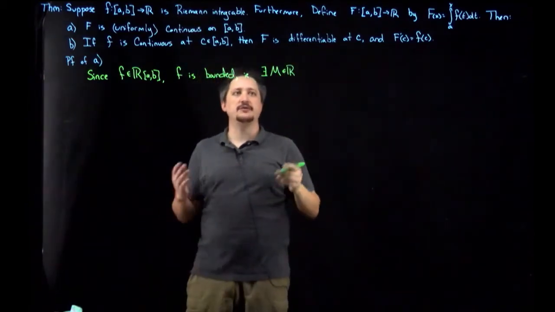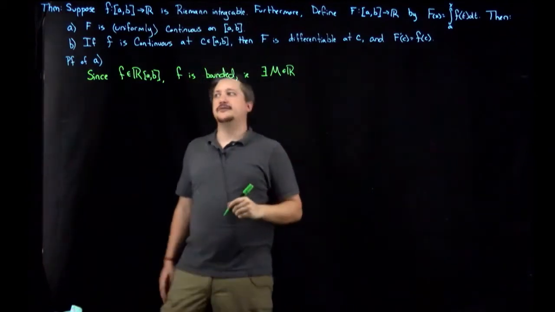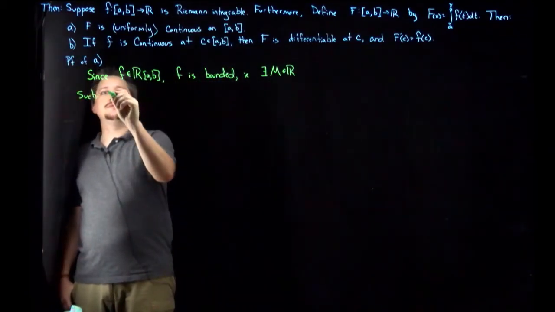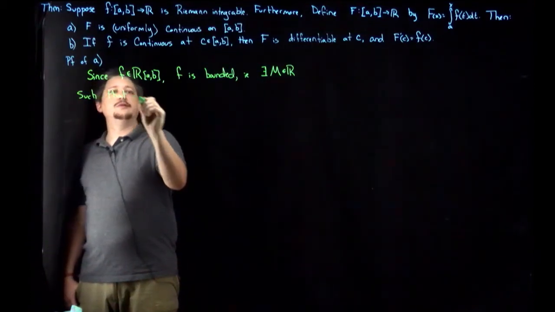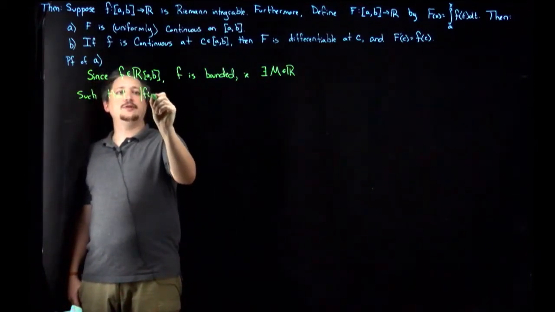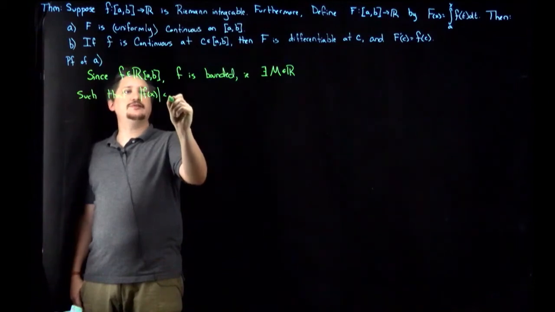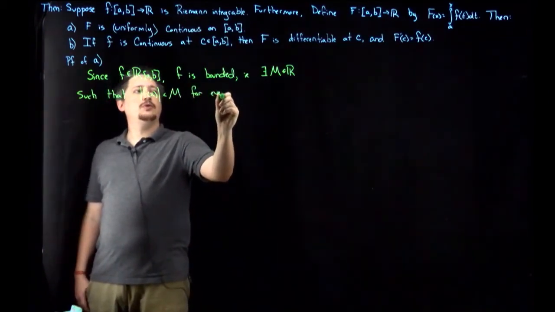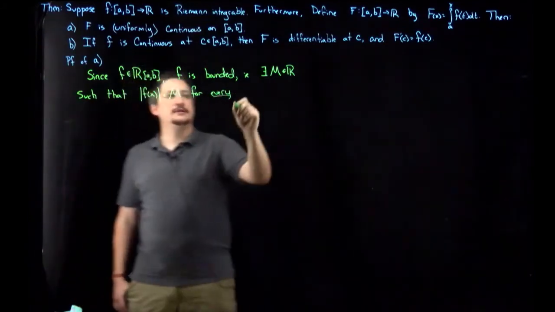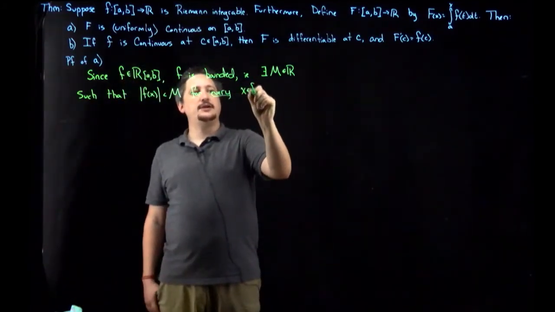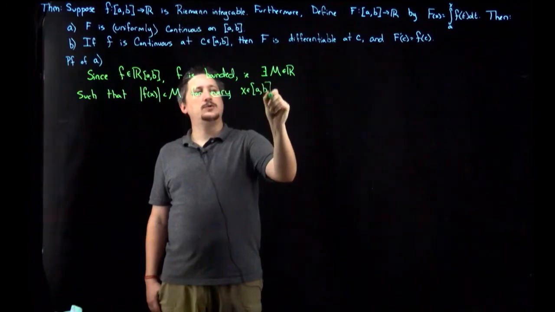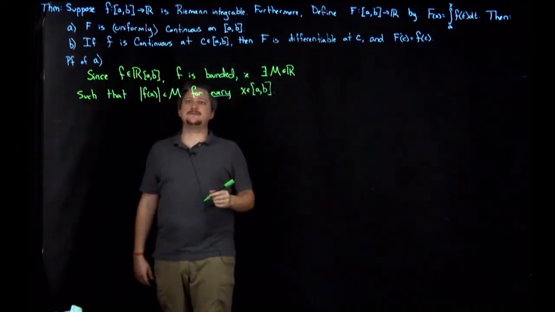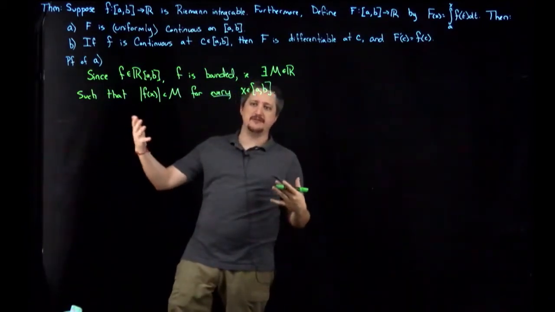It's probably positive, but I don't care. In fact, it would have to be positive, or at least not negative, such that |f(x)| is less than M for every x in [a, b]. Okay, so that's what it means to be bounded. You do the absolute value, so you have it bounded above and below.